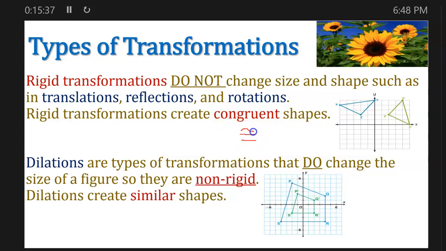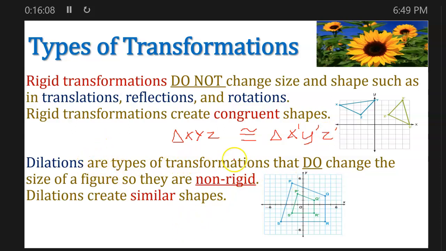So if I were to talk about these 2 triangles here, the original triangle XYZ, I could write that as triangle XYZ, and it is congruent to triangle X prime, Y prime, and Z prime.